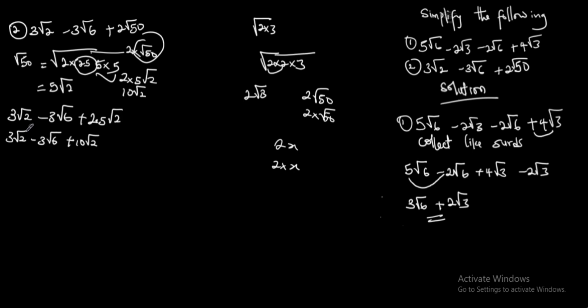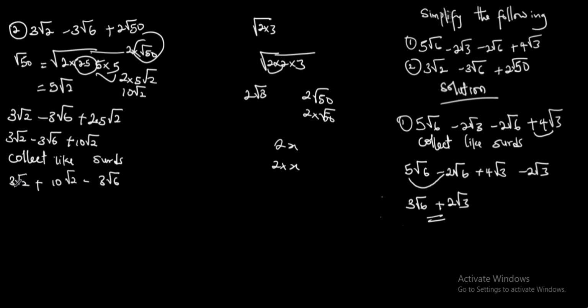Now you see, we have root 2 and root 2 to be like surds. So what do we do? We collect like surds. So we have 3 root 2 plus 10 root 2 minus 3 root 6.